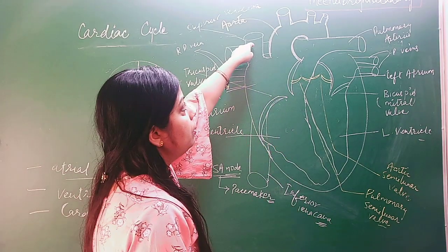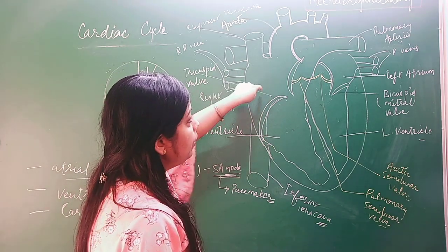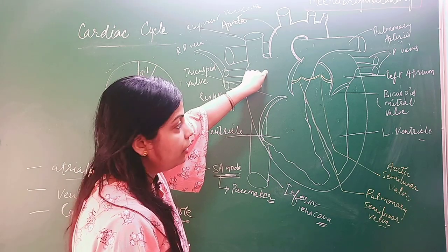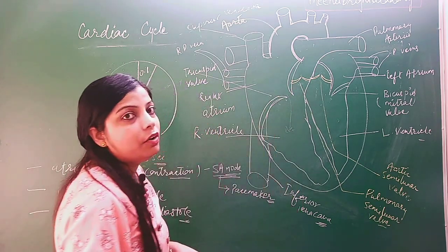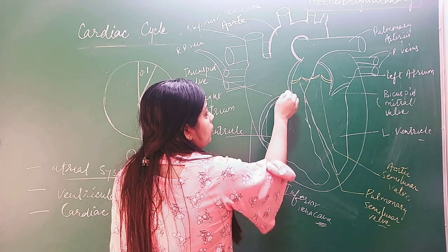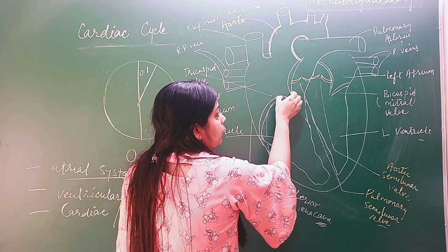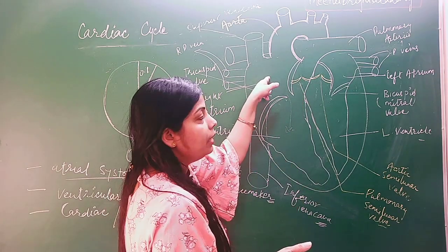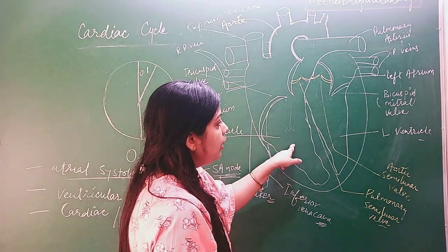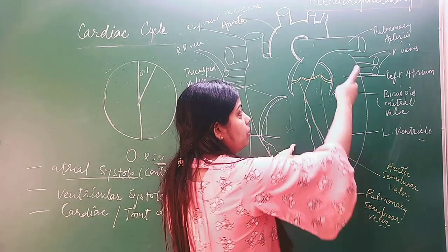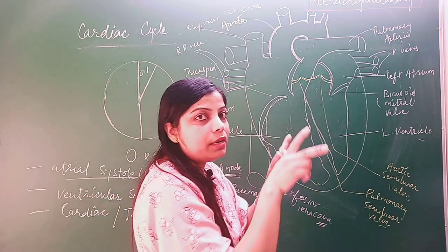These carry blood from the body tissues to the right atrium, and when this atrium contracts, it transfers the whole blood into the right ventricle. Why? Because when the atria contract, these AV valves open due to pressure inside the atria. Now the whole blood is carried to the right ventricle. Same is the case with the left atrium. Both the atria contract simultaneously.